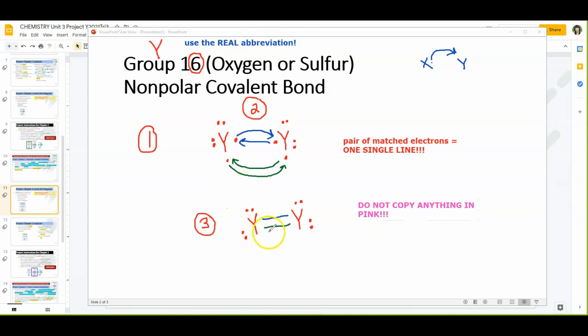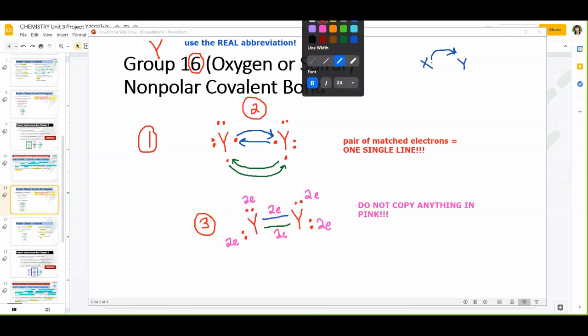Remember, each bond here actually counts as 2 electrons because they're a pair of electrons. So we have 2 electrons here on top, 2 electrons here on the bottom, 2 electrons over here on this Y, 2 electrons here on this Y, up here, and up here. Remember that in total, each nonmetal here does want an octet, or 8 valence electrons.